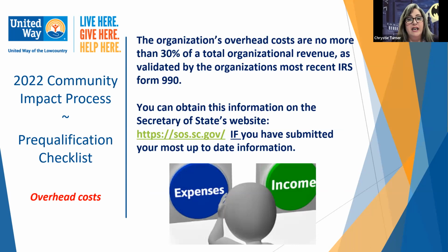Now, if you figure out your overhead and it is over 30%, in most cases that I see, it's not really that your overhead is 30%. It's that you might not be allocating your costs properly. A lot of folks will dump 100% of the executive director's salary into admin, or 100% of your budget person into admin.